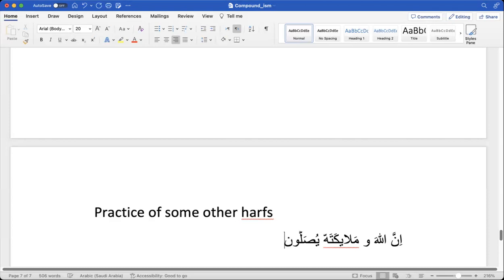You will see it quite often recited in Jummah khutbah generally. Okay. Inna Allah wa malaikatahu yusalluna ala nabi sallallahu alaihi wasallam.